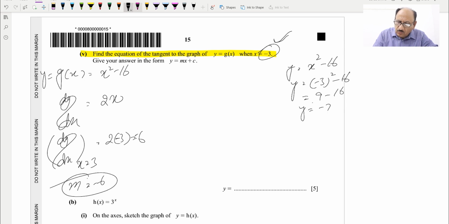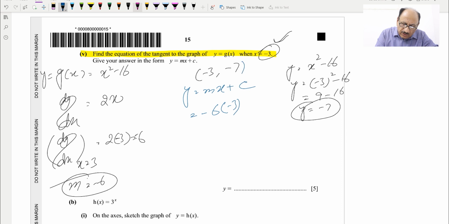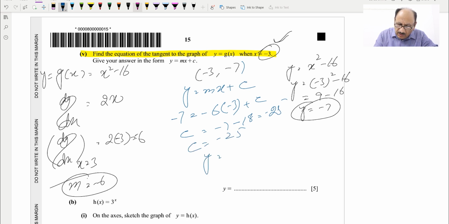So the point will be (-3, -7). We write y is equal to mx + c. The m value is -6, x value is -3 and y value is -7, so -7 = -6(-3) + c, so c is equal to -25.